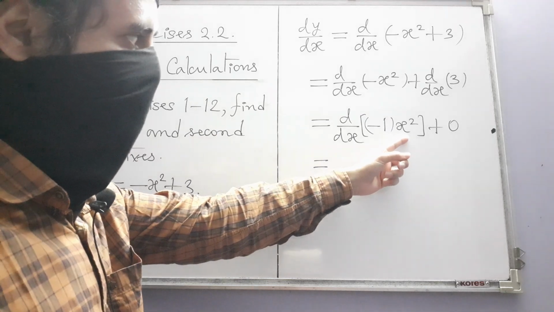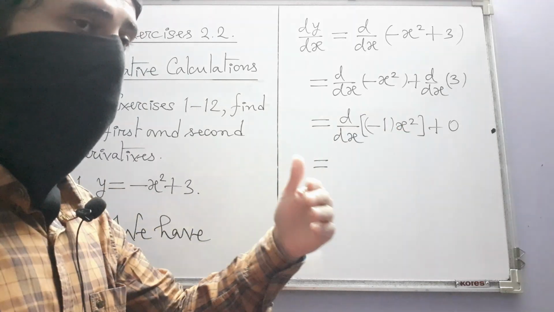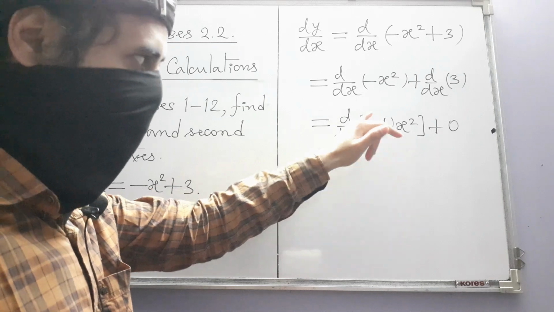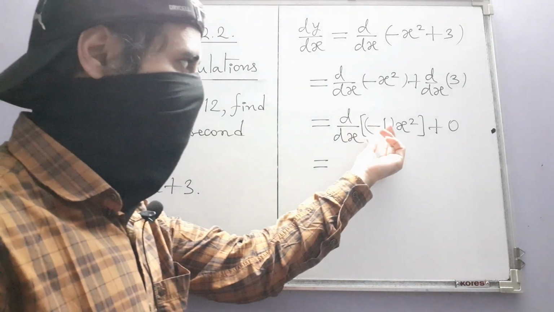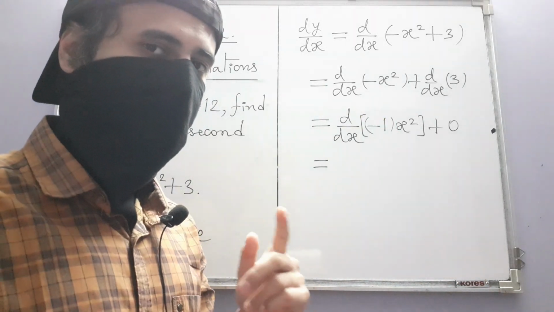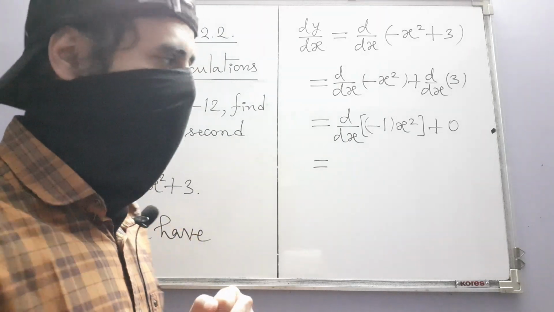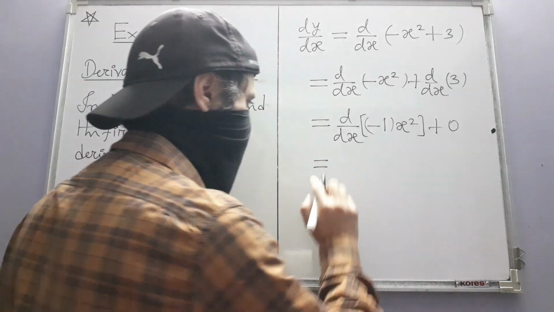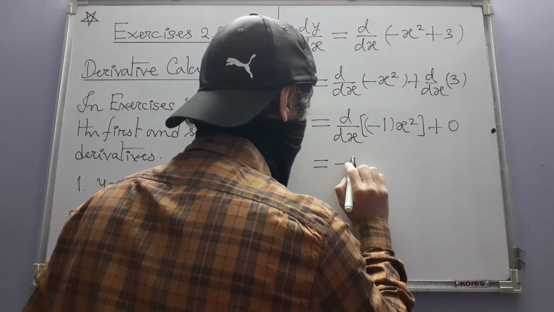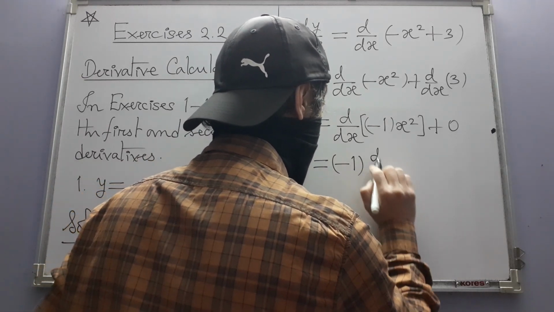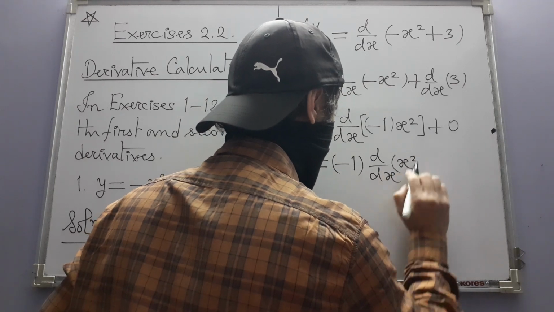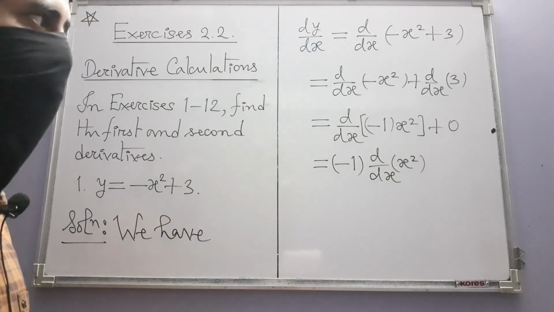When you multiply a differentiable function by a scalar, by a real number, in this case it is minus 1, then the product is also differentiable, and the derivative of the product is that real number times the derivative of that original function.